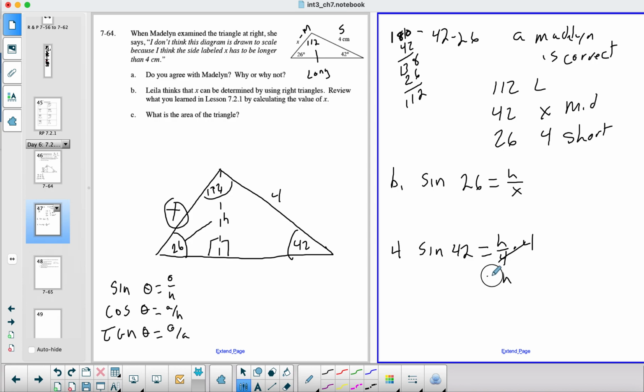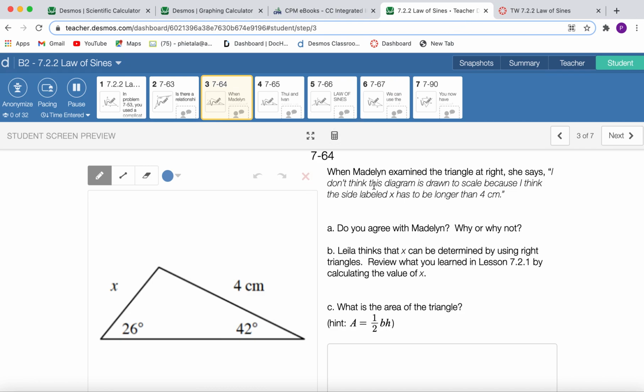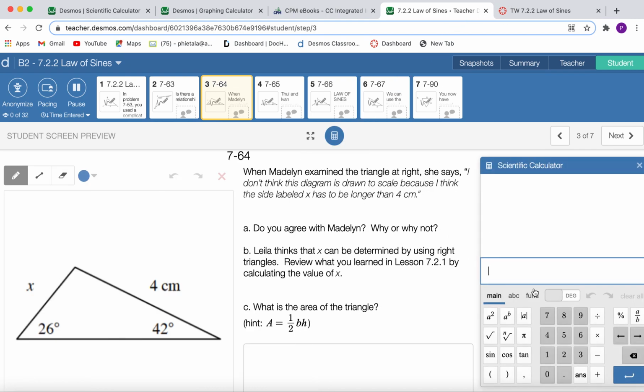I'm able to type this in my calculator, so we're going to get our Desmos calculator out here. We have 4 times the sine of 42, so we have 2.68.